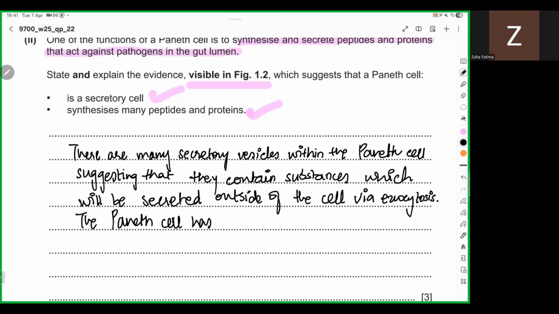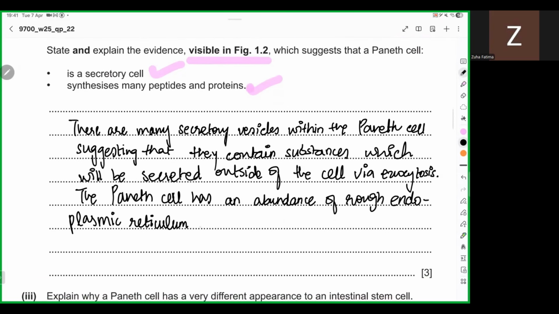The Paneth cell has an abundance of rough endoplasmic reticulum, which is responsible for protein synthesis.